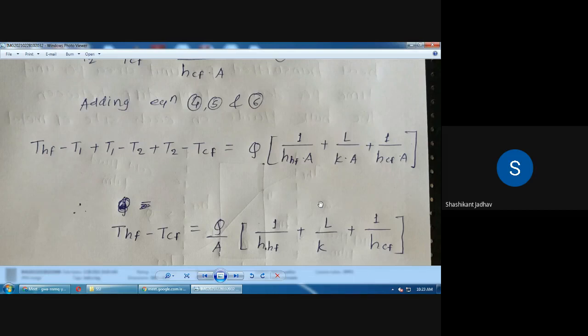T1 will cancel, T2 will cancel. The remaining left hand side is THF minus TCF. So THF minus TCF is equal to Q by A into bracket 1 upon HHF plus L by K plus 1 upon HCF.